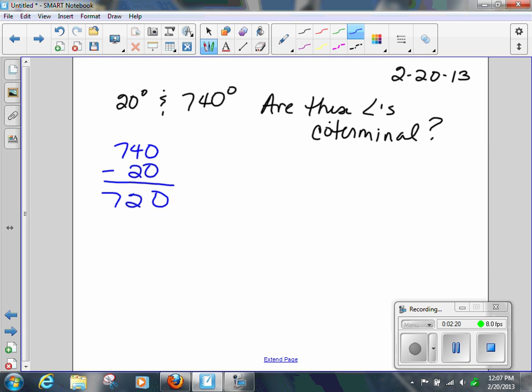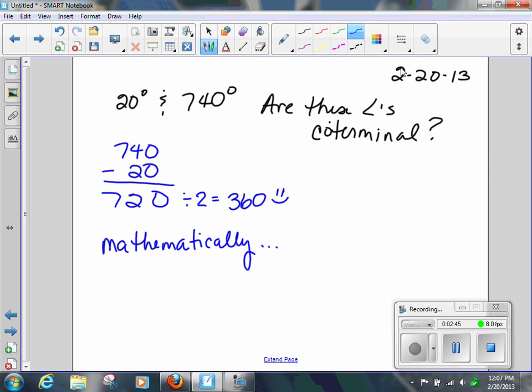Is 720 a multiple of 360? Yeah. I can say 720 divided by 2 is 360. So if you wanted to figure out if two angles were coterminal, mathematically, we're just adding to the notes from Monday.